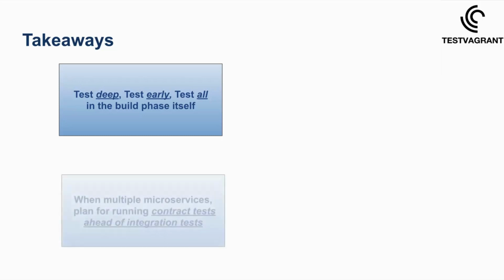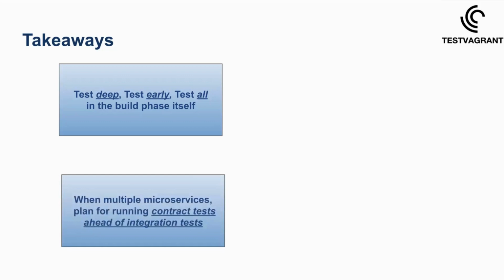With shift left, with so much investment in your white box testing, we are bringing testing a lot earlier in the cycle. We are making sure that every scenario is validated within the white box layer itself, testing all possible combinations while your application is just being built. So you have fast tests and early feedback.